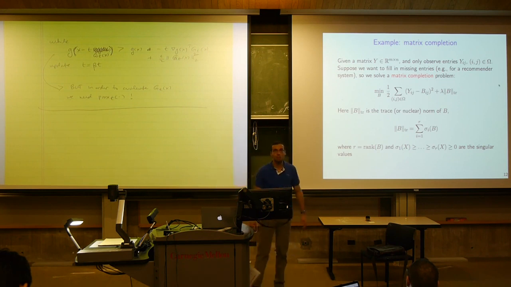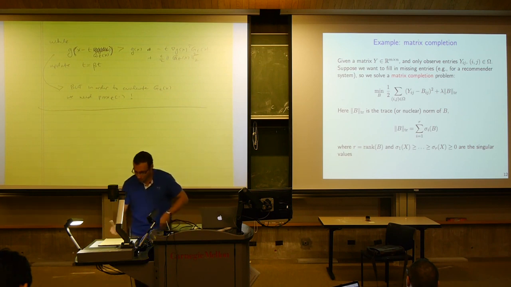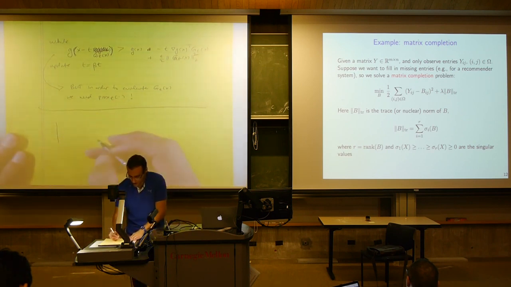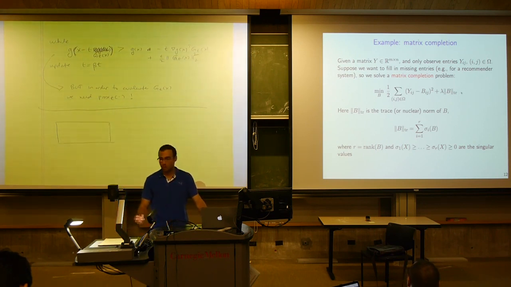And so the canonical problem you could think of is something like the Netflix problem. That's where a lot of attention was devoted to this kind of optimization problem, or just matrix completion in general.